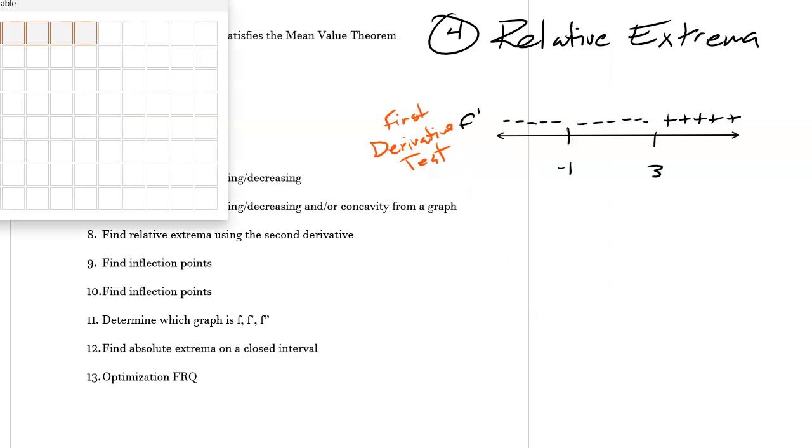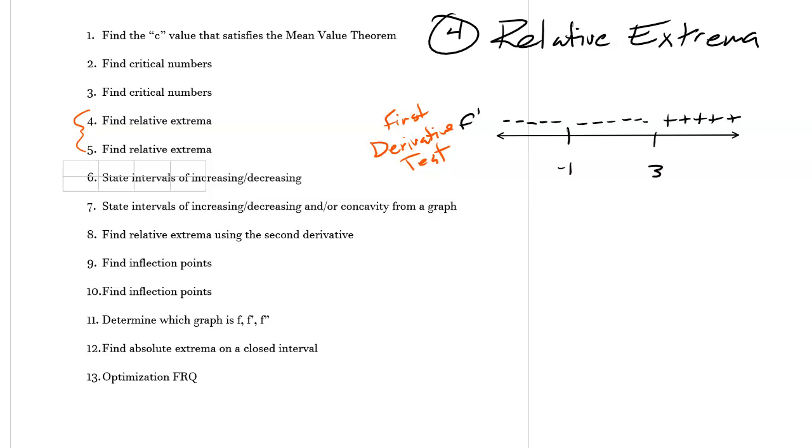Insert a table. 1, 2, 3, 4 by 2. Well, it's not what I was expecting, but we'll go with it. Wait, I can't draw on it? Okay. I will, ooh, here we go.